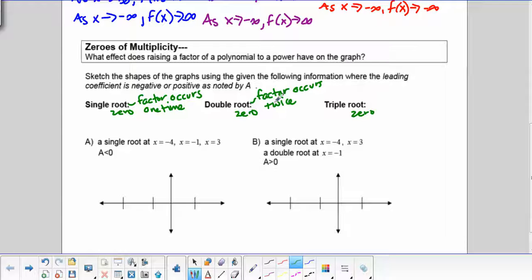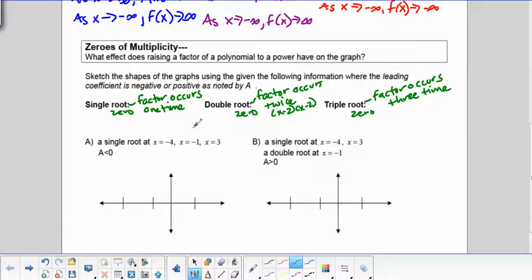Like if you had x minus 2 and x minus 2 again, that's called a double factor, and it makes a double root. And then the triple root is when the factor happens 3 times. Obviously, factors could happen 4 times, 5 times, 6 times, but this is what we focus on in pre-calculus.